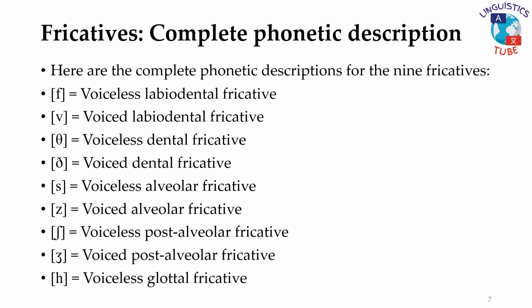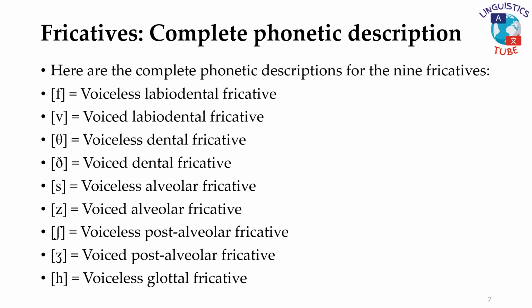So, we know that their manner of articulation is the same, because they are all fricatives. However, we can still put them into different groups, either based on voicing or on their place of articulation. In terms of voicing, f, s, sh, h are all voiceless, whereas v, th, z, zh are all voiced.